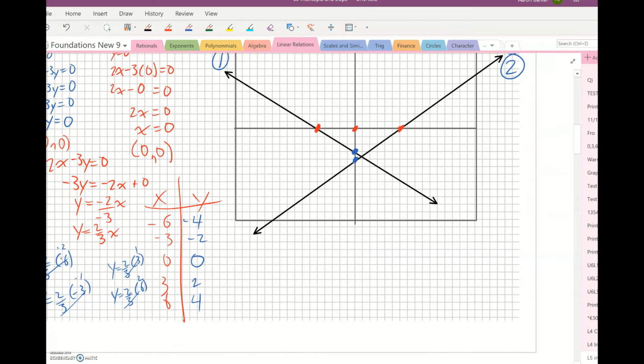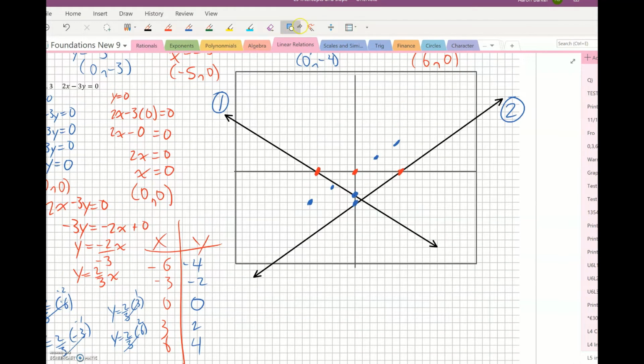So now we will plot those points: negative 3, negative 2, negative 6, negative 4, and then positive 3, positive 2, positive 6, positive 4. Now we have enough information to make our line.